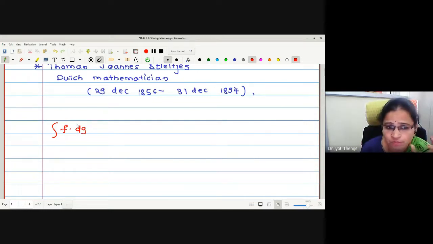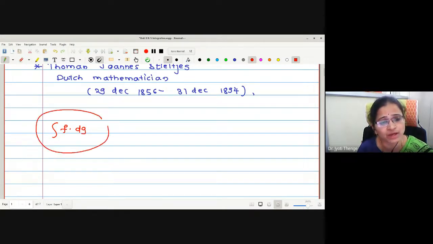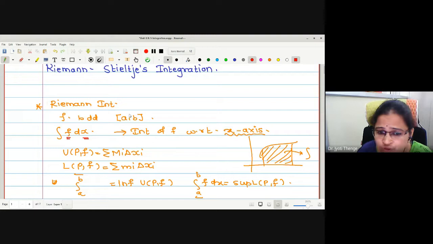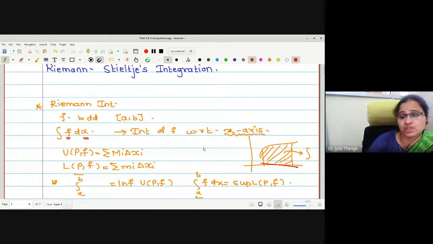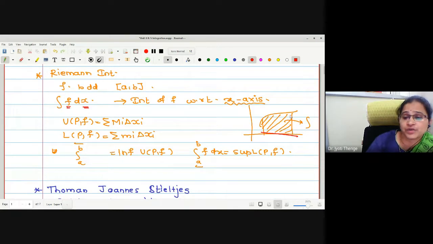The words "with respect to the other function" make things somewhat complicated. Therefore, why not derive the integration of a function with respect to another function? If it is with respect to the x-axis, the job is quite easy for us.